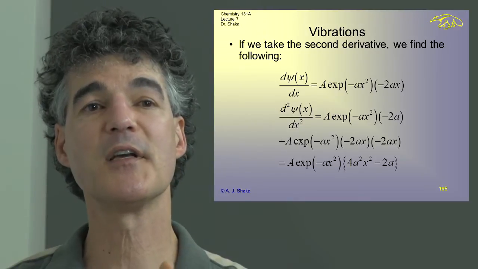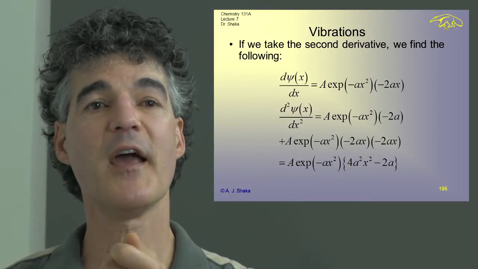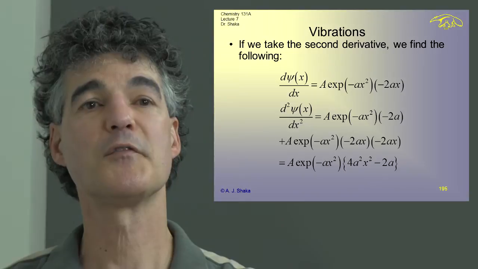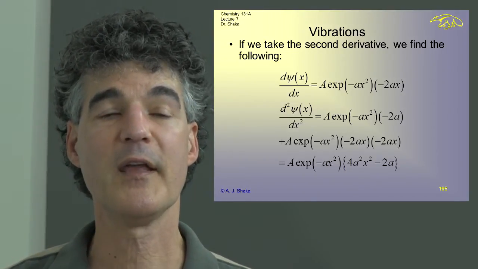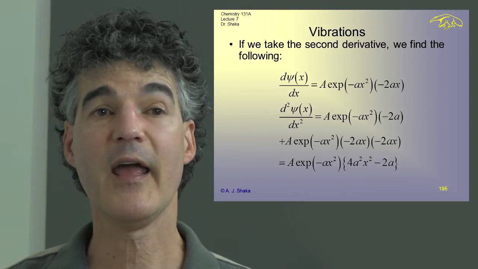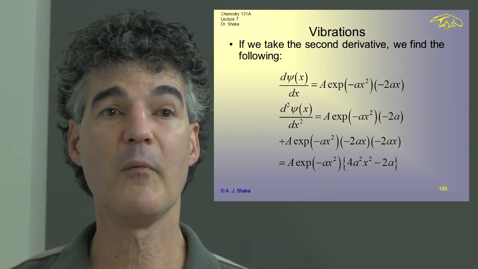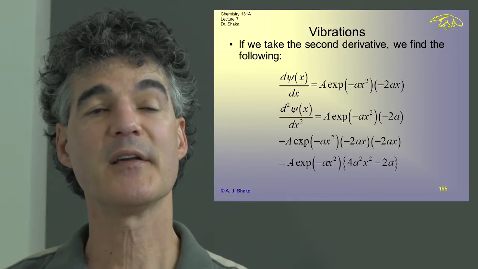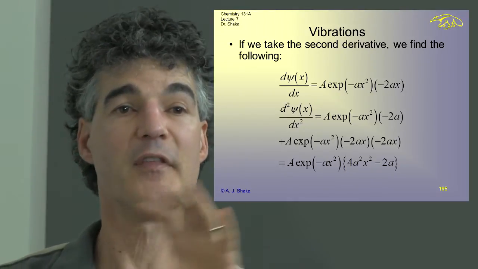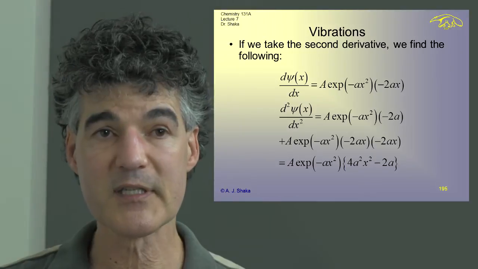The first minus 2ax comes from du dx. The second minus 2ax comes from the fact that that second one is there. And we can then put these together, and we see that we got what we want. We got A times e to the minus a x squared, so that gave the same thing reproduced.